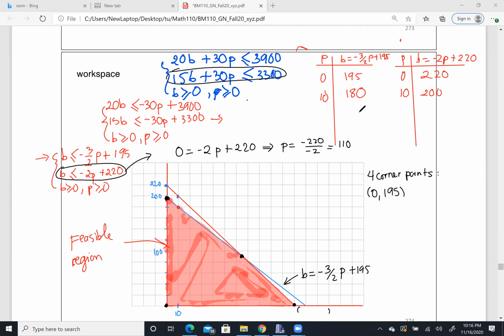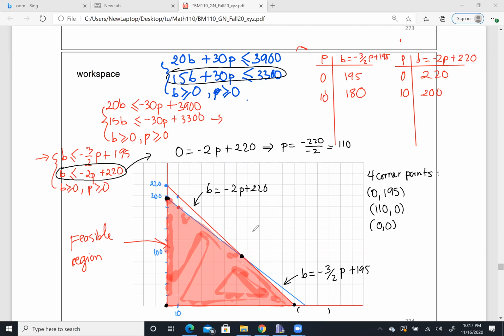Okay, so the second one is the x-intercept of the second equation, b equals negative 2p plus 220, which is 110, comma 0. That is the second corner point. The one down at the origin should be 0, 0. Everyone should know that, right?